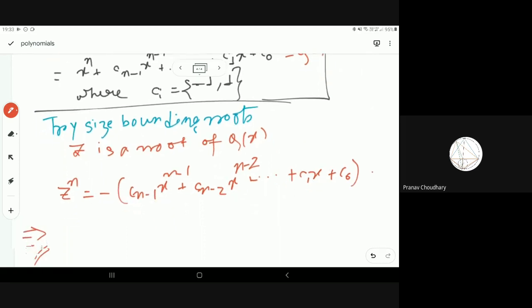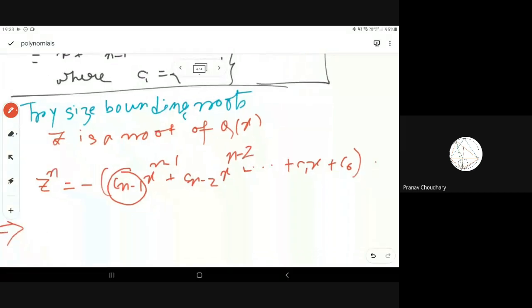Now here comes the main part. We will take absolute value on both sides. Note that you do not know what c_{n-1} might be, but you do know for sure that its absolute value has to be 1.